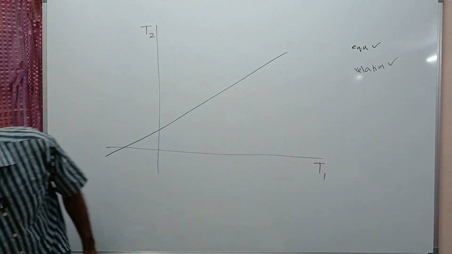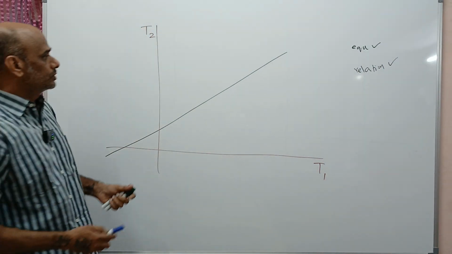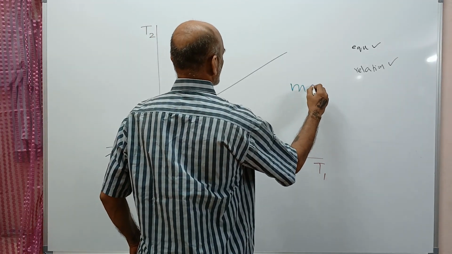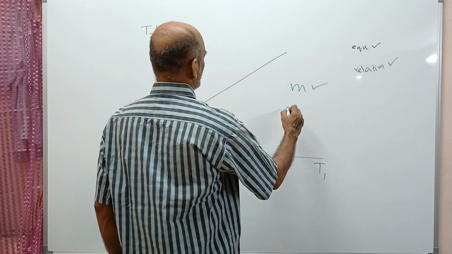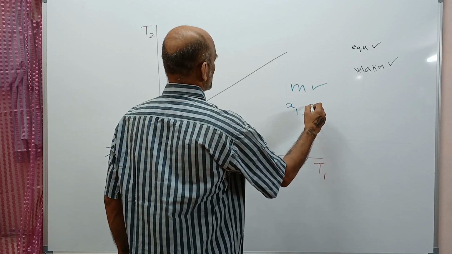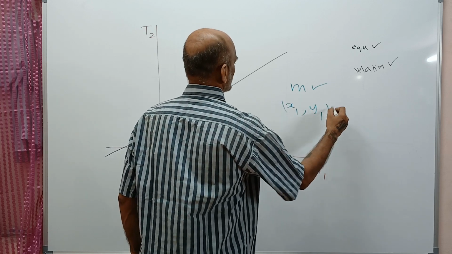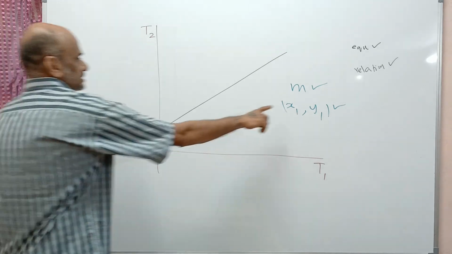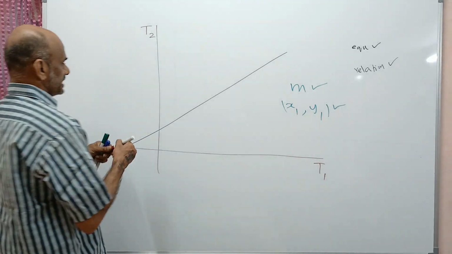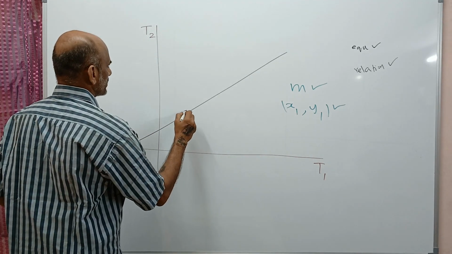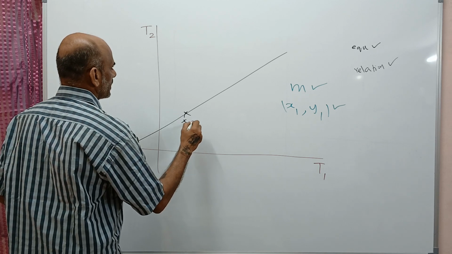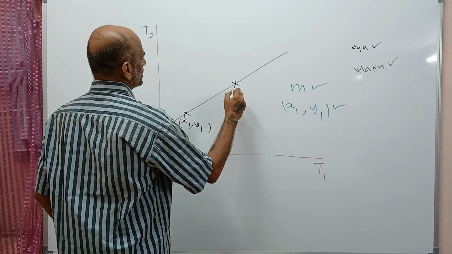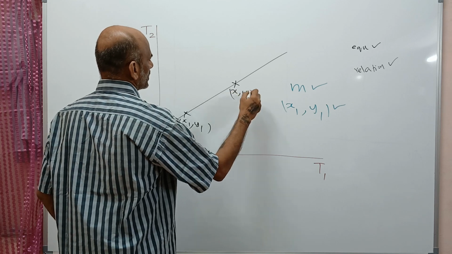For a given line, we can know the equation if the slope of the line is known, and if one point through which the line passes is known. This is a point lying on this line. So this point, say it's x1, comma y1, and there's an arbitrary point here of coordinates x comma y.